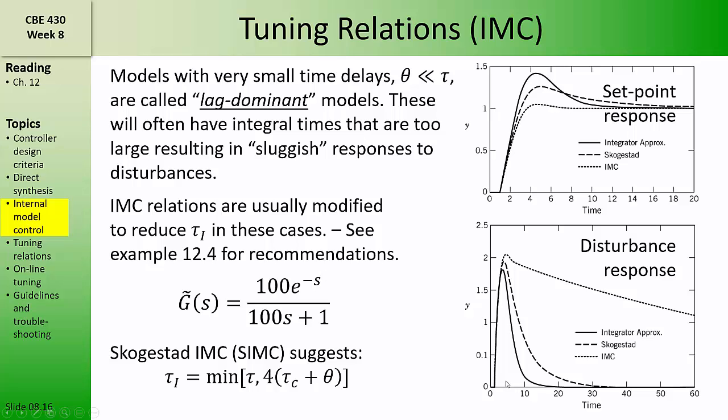And the Skogestad method, as you see here, can obtain much better disturbance rejection. However, it sacrifices a little bit on the response to set point changes. The integrator approximation provides even better disturbance rejection, but higher overshoot in the case of set point changes. In the next video, we'll look at some other tuning relations that can be used to tune feedback control loops.